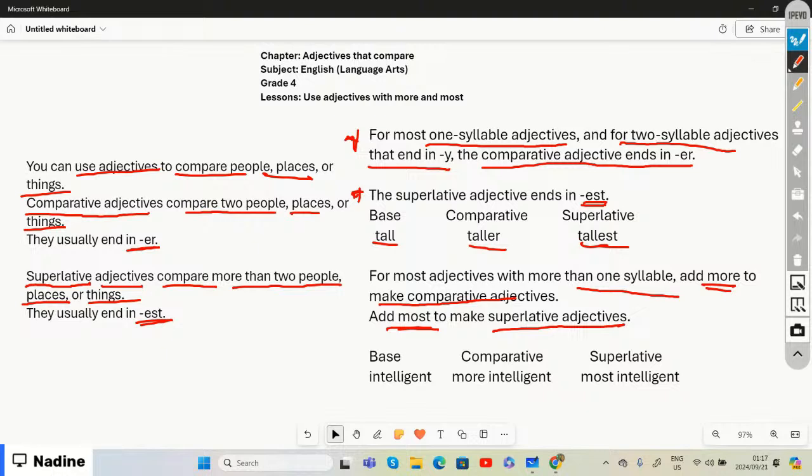And if we look at an example, so intelligent: she is intelligent. If we want to compare her to another learner in class, we can say Kim is more intelligent than Amy. So we say more intelligent.